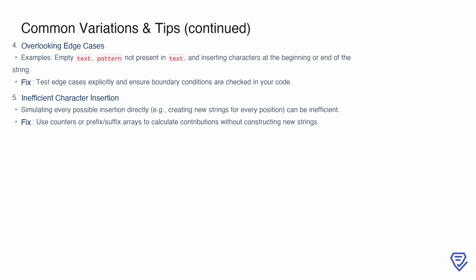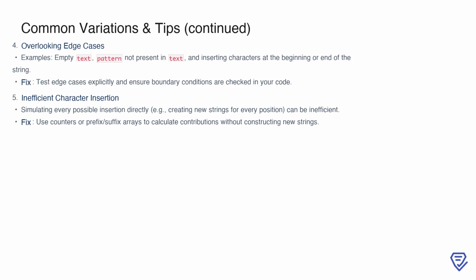Another common pitfall is overlooking edge cases. Examples include when text is empty, when the pattern doesn't appear in text, or when you're inserting characters at the beginning or end of the string. These special situations can cause unexpected behavior, so it's essential to test them explicitly and verify that your code handles boundary conditions.